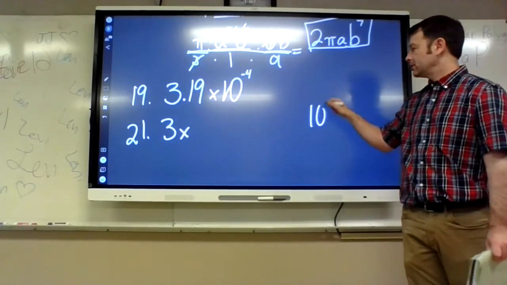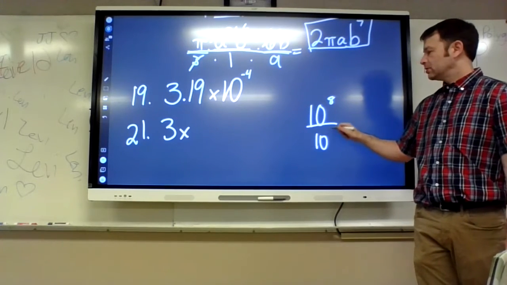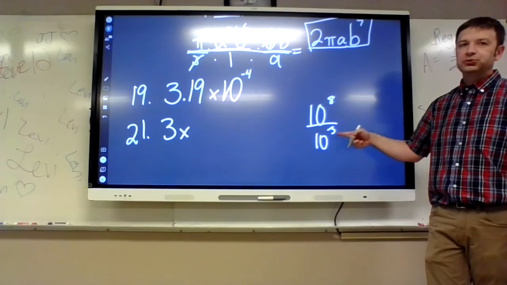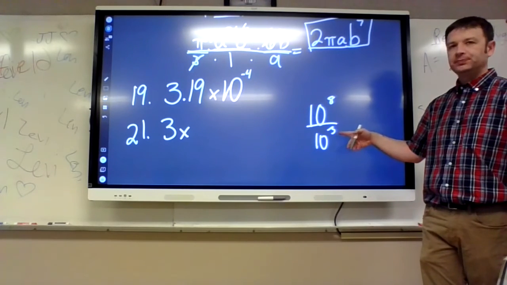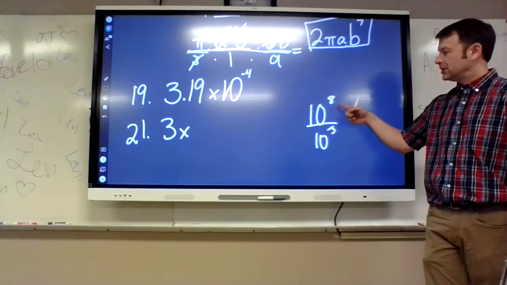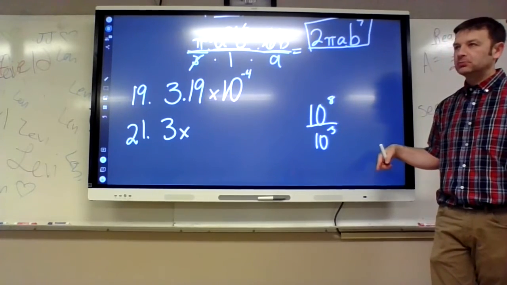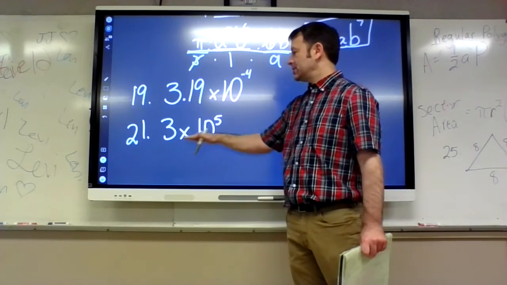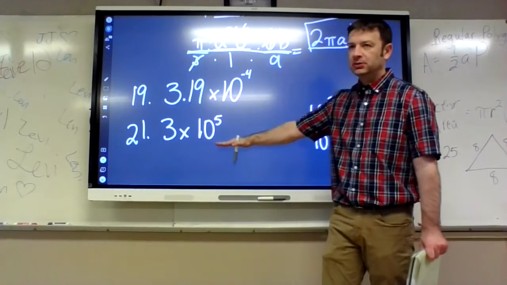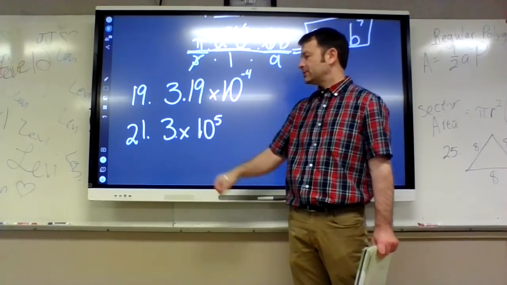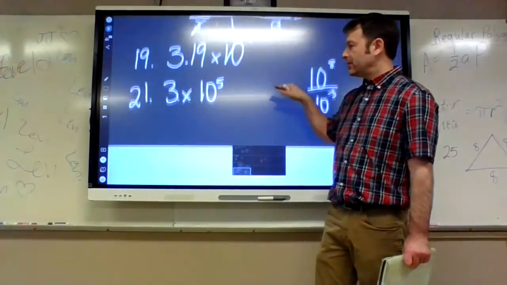What would that be? 10 to the 5th. Okay. Is this in scientific notation? Yes, because the decimal's right there, so that's fine. So we're done with that one.